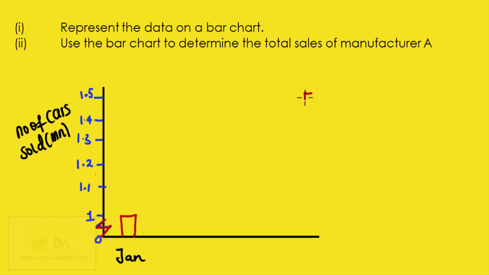This represents manufacturer A. And I'll use gray to represent manufacturer B.